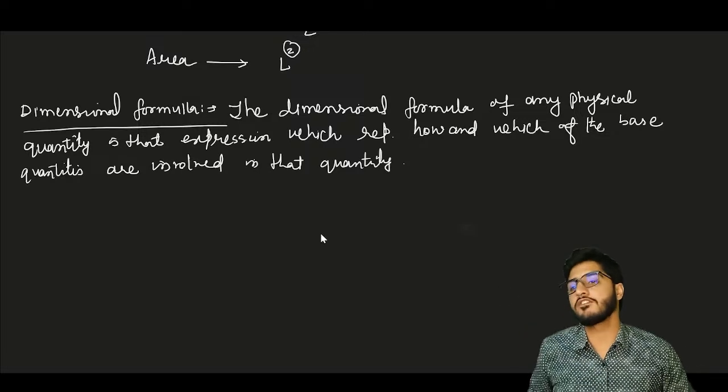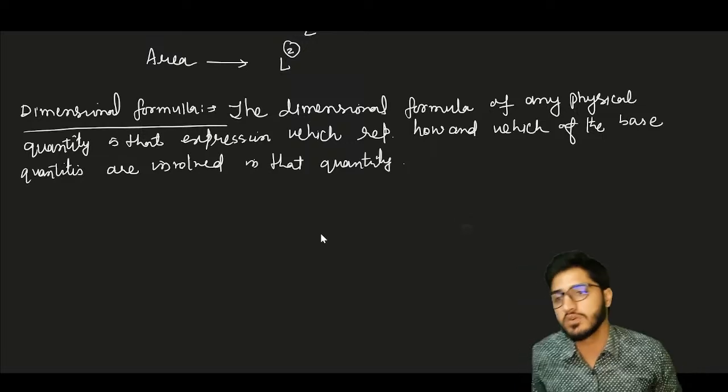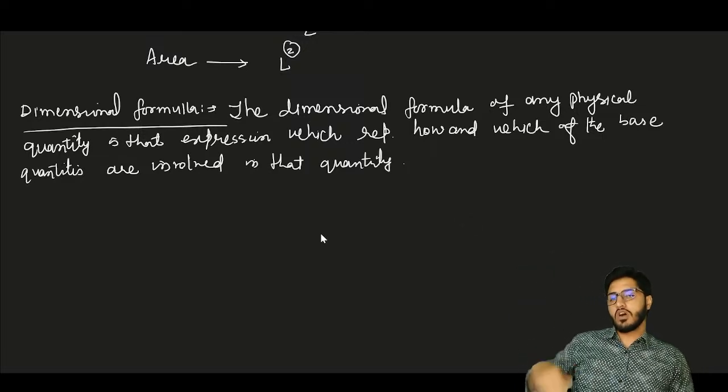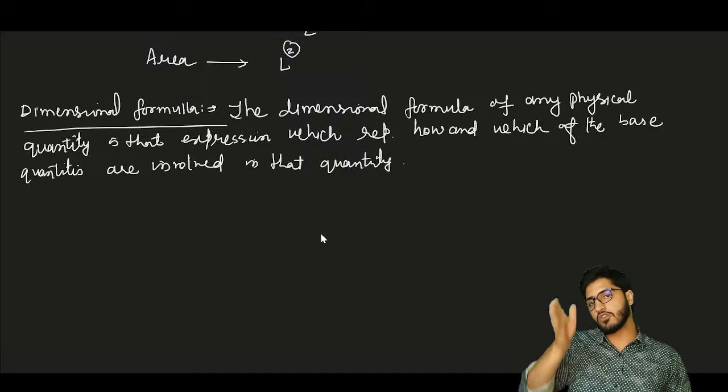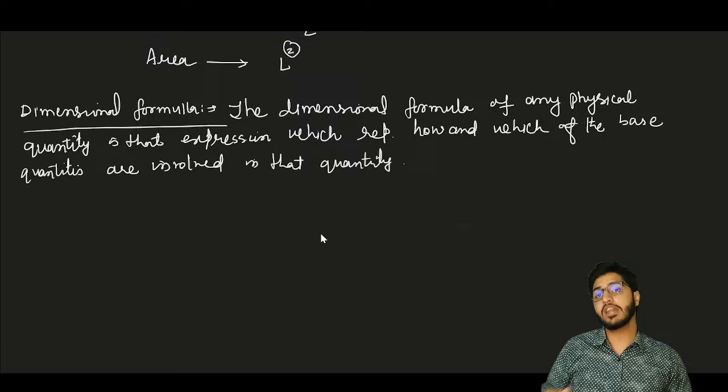So the dimensional formula is an expression which gives you the information on which base quantities are involved in giving the meaning of your quantity and how many times.